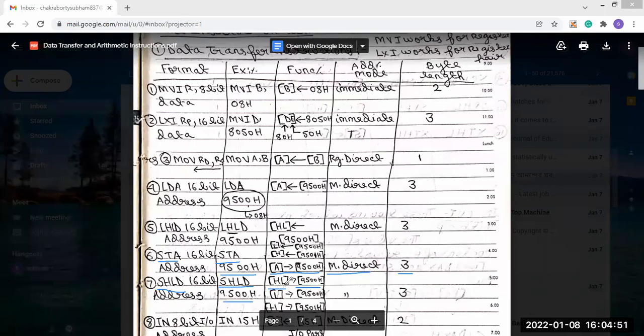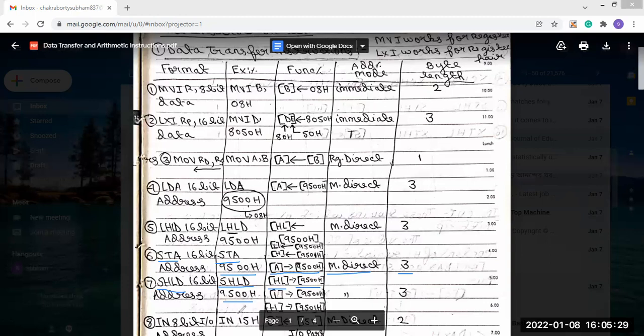H is a register and L is also a register, and combining them both, the HL register pair is formed. The content of the L register will go to the 9500H location, but the content of H will go to the next location after L's, that is 9501H.